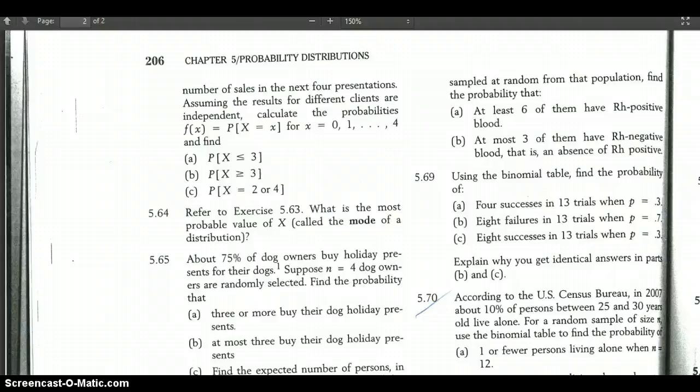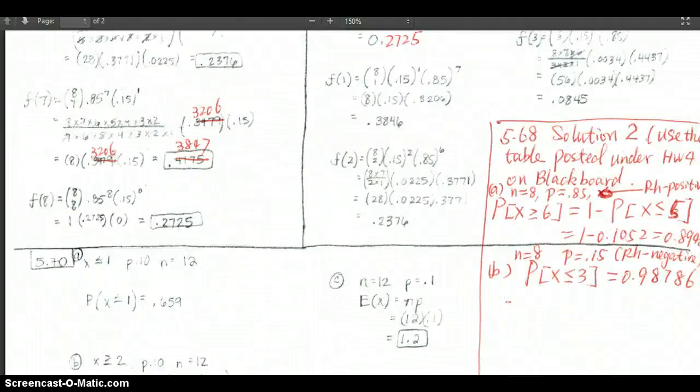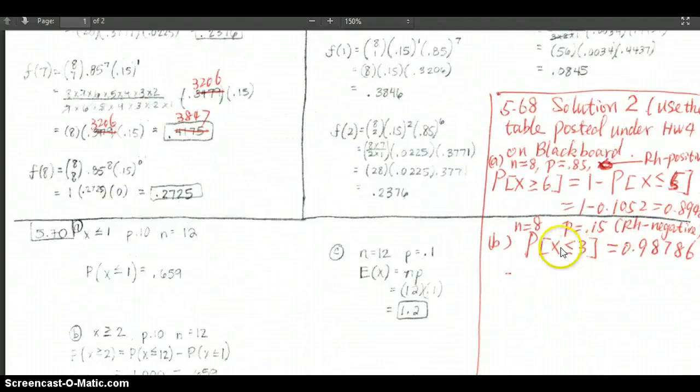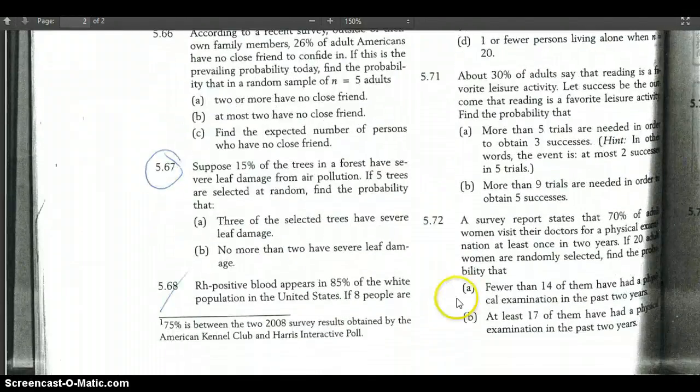If you use the table, it will be very easy: at most 3, because the table applies to at most. But we are talking about negative, so the probability is 0.15 instead of 0.85. Look at the question again: 85% are Rh positive, which means 15% are Rh negative.